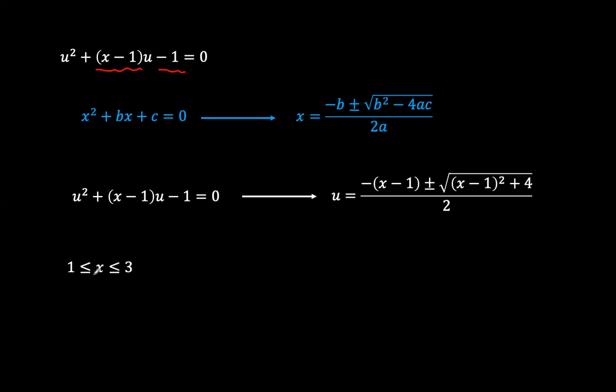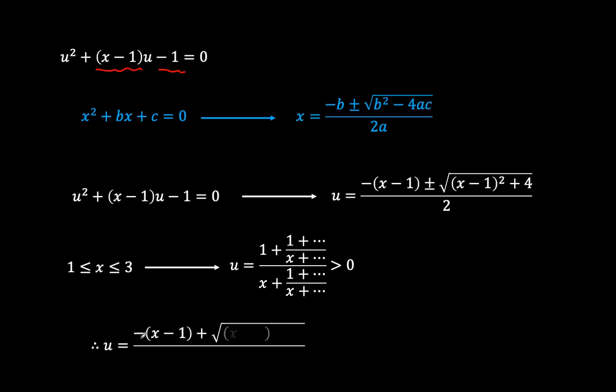In the interval where x is between 1 and 3, since x is positive for all this domain, u must be greater than 0. Looking at these answers, there's only one option that is greater than 0, and that is negative (x minus 1) plus the square root of (x minus 1) squared plus 4, over 2.